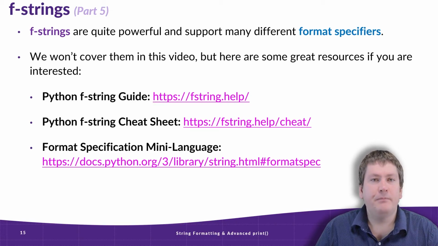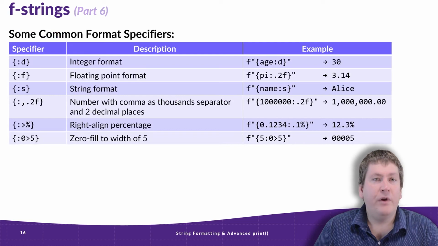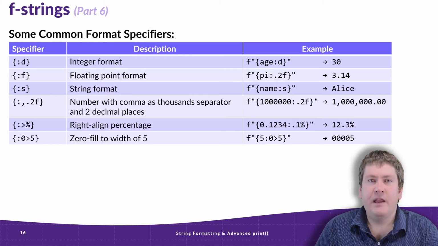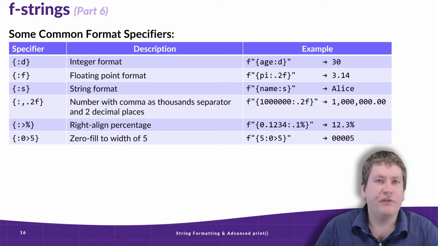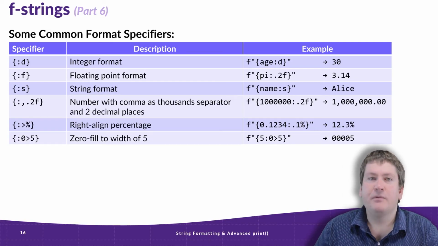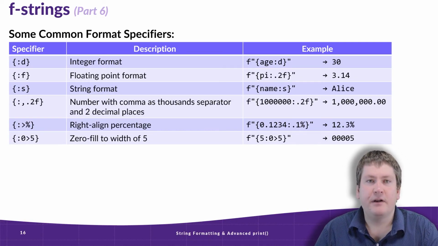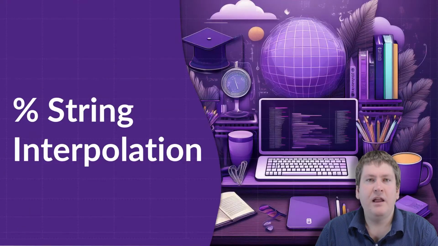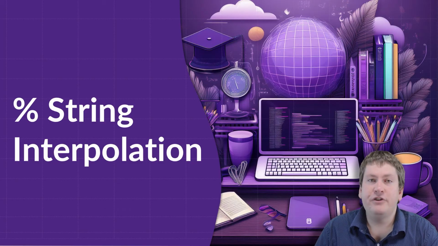So if you're interested, please check them out. One thing I also have is a list of the most common ones here. These can also be found in the slides for this video, and they include things like the integer format, the floating point format, which we saw, string formatting, as well as how you can get commas in them, different alignments, and zero filling numbers.